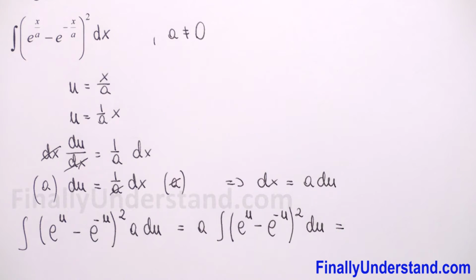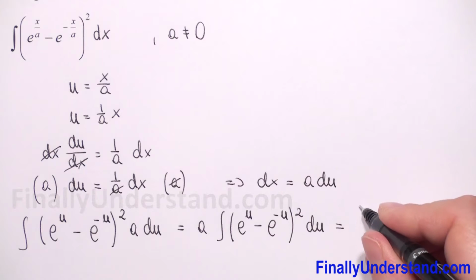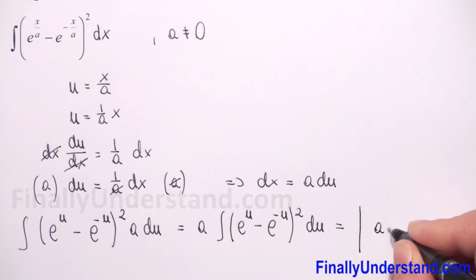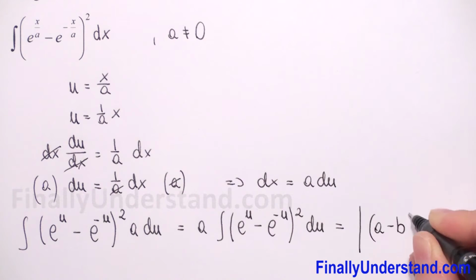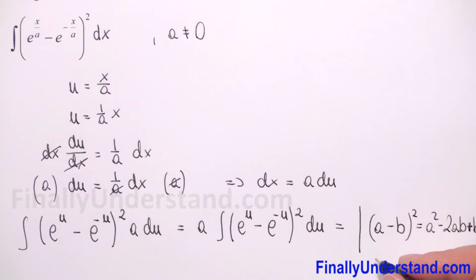Now we will use the formula that (a minus b) squared is equal to a squared minus 2ab plus b squared. In our example, a is equal to e to the power u, b is equal to e to the power negative u.